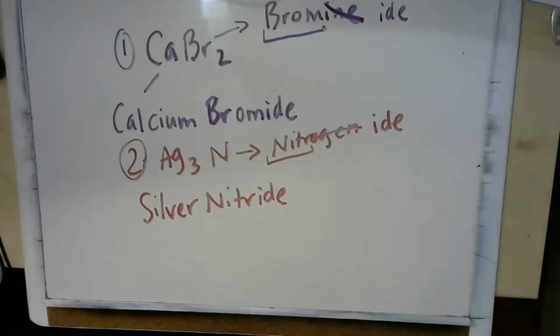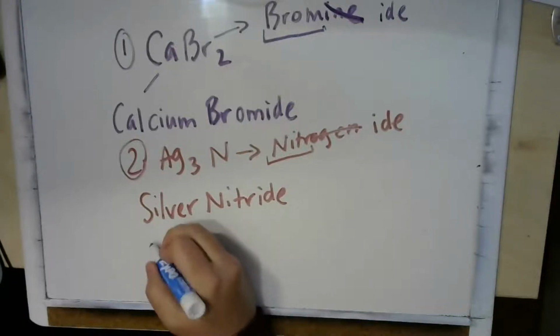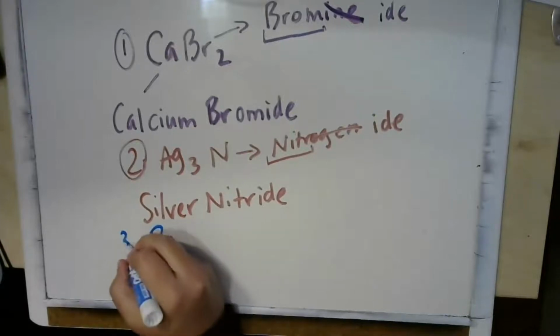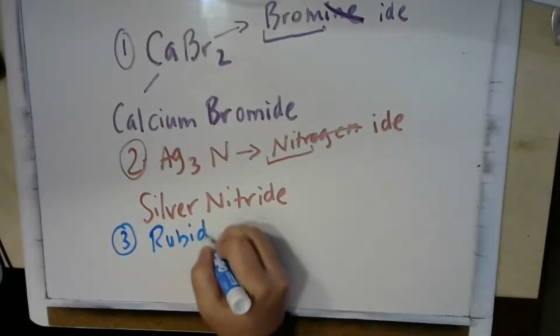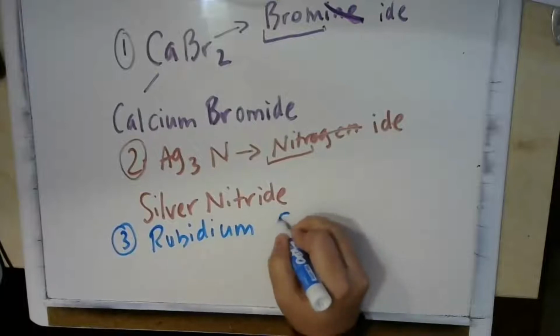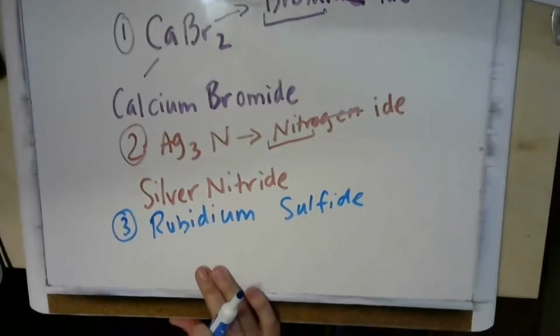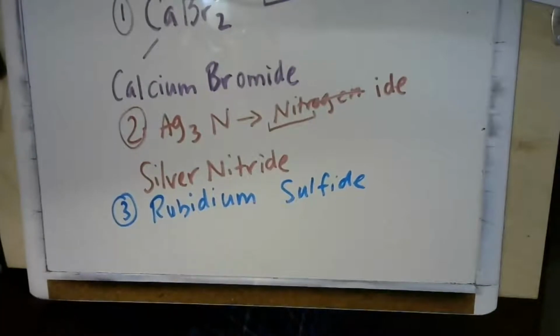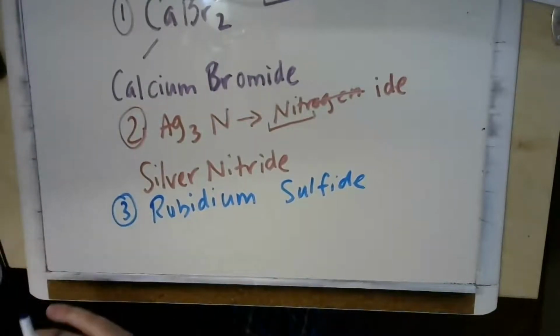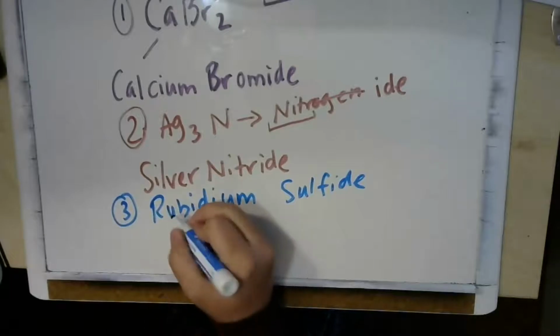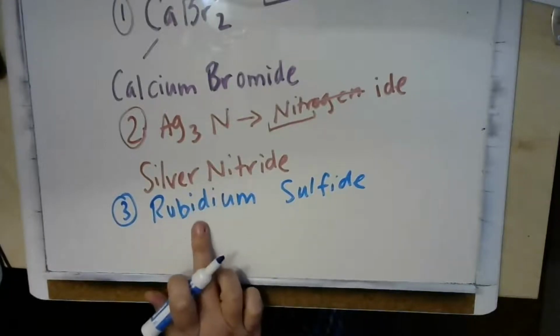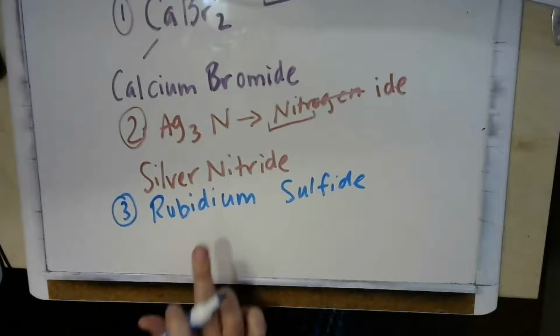Okay, now if we want to write a formula from a name, we have rubidium sulfide. I need to recognize the ions that form for each of these. I have to look on the periodic table, and first find rubidium and write it in its cation form.